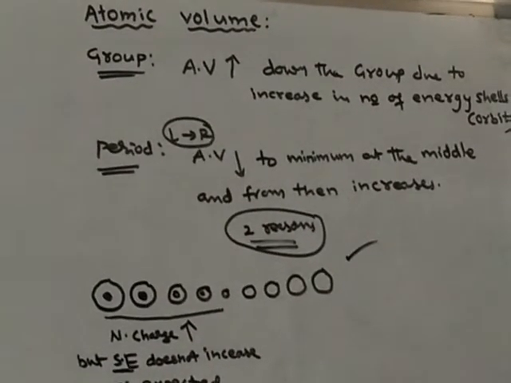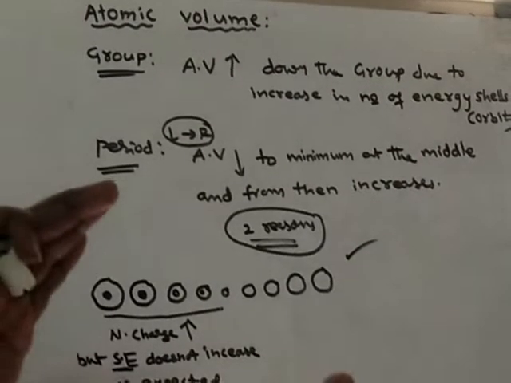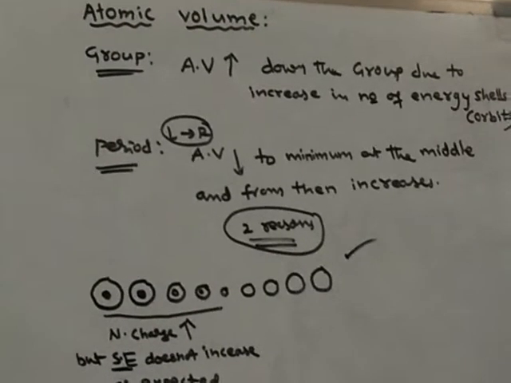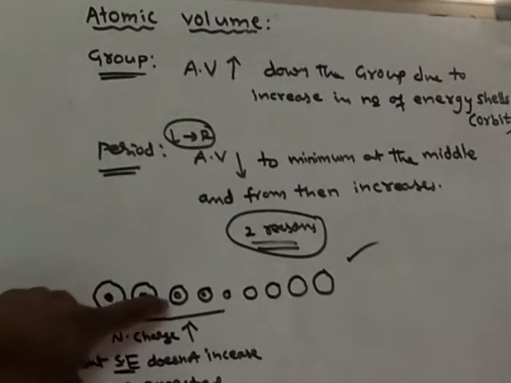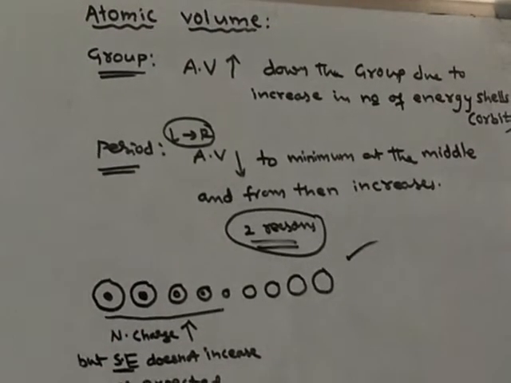So what happens as a result of this? All the electrons will come closer. Because nuclear power is more, the electrons will come closer and closer as the nuclear power is increasing. So therefore the nuclear force of attraction increases.